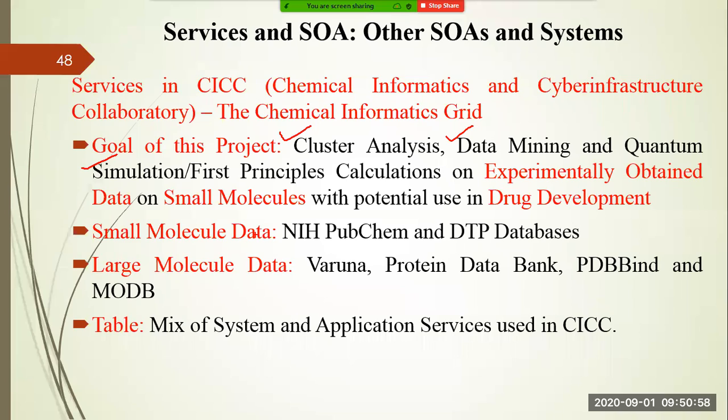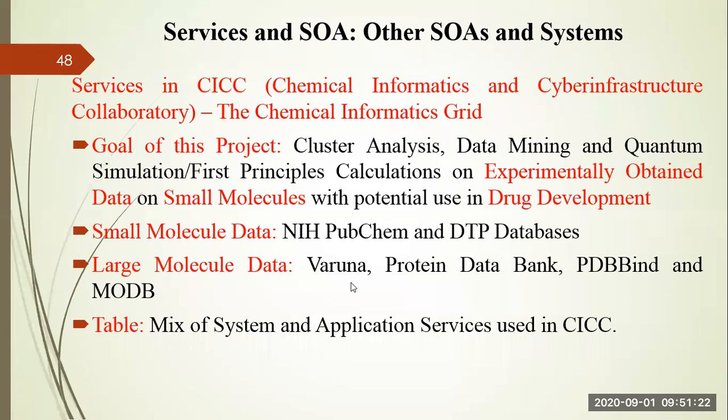Those who are working on machine learning in their final year project may be aware that you require data, and once you get the data, you can do a lot of analysis in order to predict something, right? So they are applying cluster analysis, data mining, and quantum simulation techniques on experimentally obtained data on small molecules.